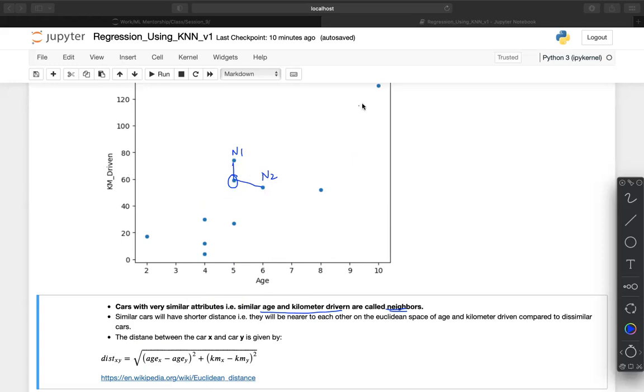If you compare this car, let's say this is N3, of course N1 is nearer compared to N3. And this can be depicted using the concept of distance, or Euclidean distance.